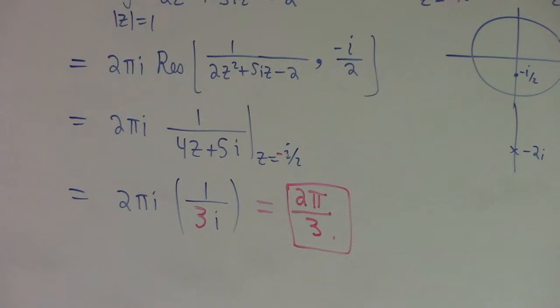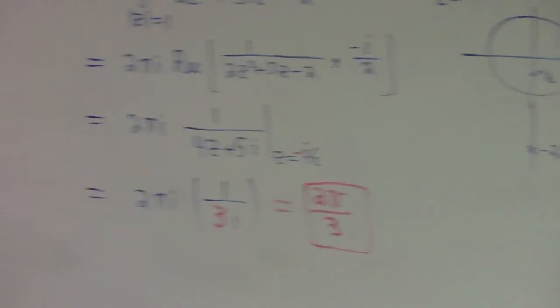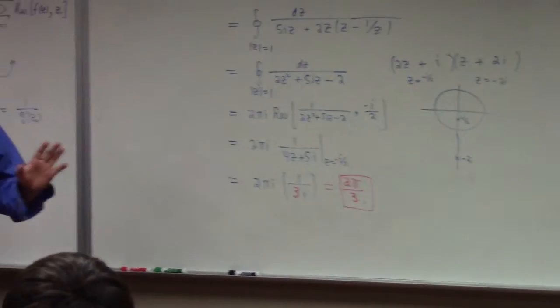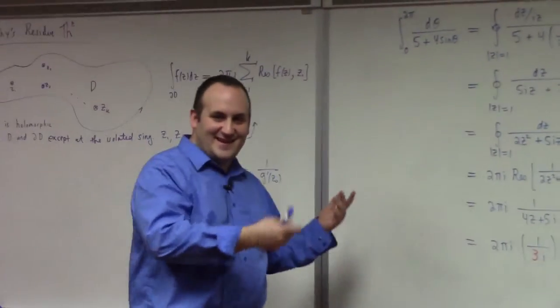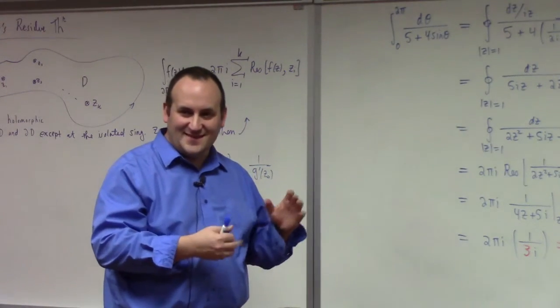Now, think about this. If you wanted to be like a really weird Calc 2 instructor, right? You could black box this thing. You could just teach it as an algorithm. You do this, you do that, you do this, and then the answer.